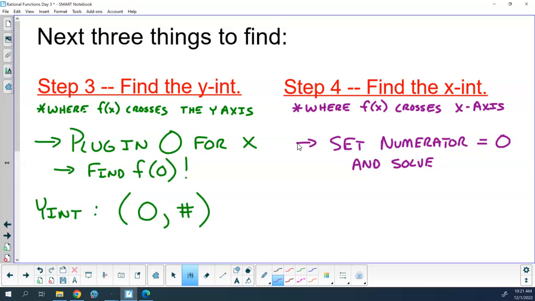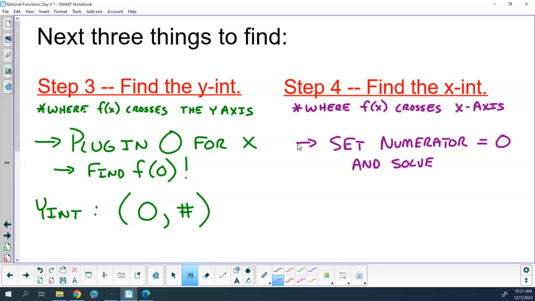The degree of the numerator tells you how many x-intercepts you're going to have, because you're going to be solving it.